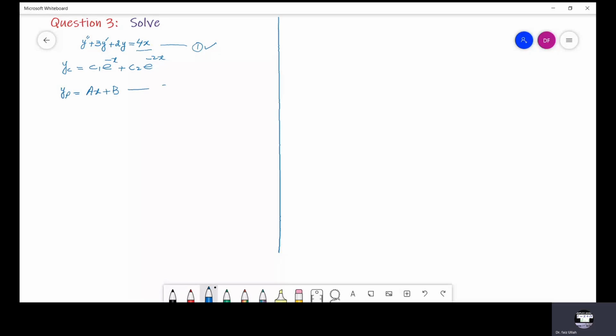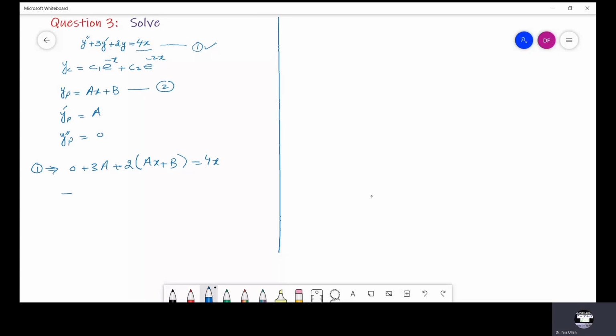Let us say this is equation number 2. From here we get y dash, which is equal to a, and y double dash, which is equal to 0. Putting these values in equation number 1, we get 0 plus 3a plus 2ax plus b is equal to 4x.